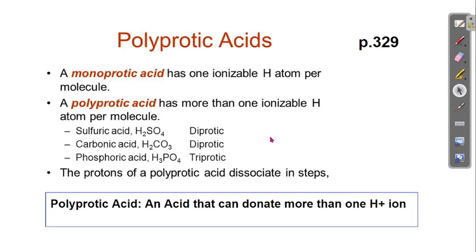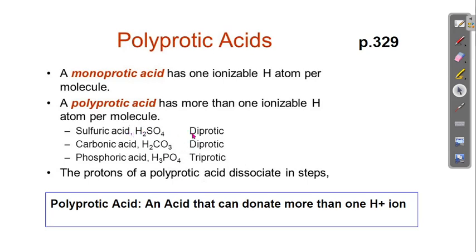A polyprotic acid, on the other hand, has more than one that is able to ionize per molecule. So if you look at them, they have 2, 2, 3. So the hydrogens that they have to give away are in multiples. 2, 2, or 3.